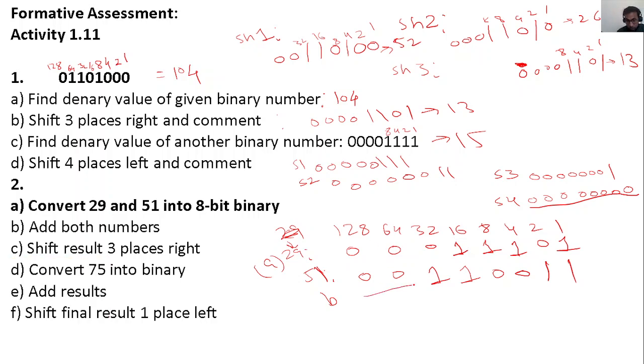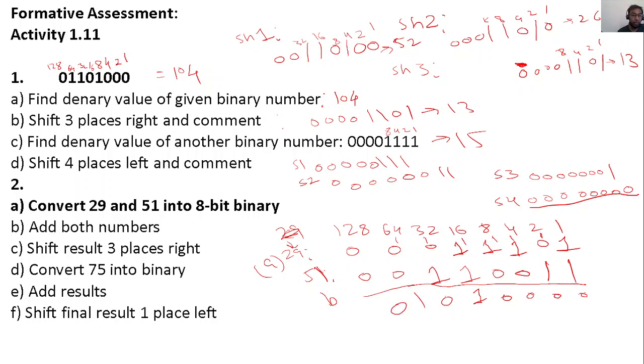Now if we have to add them: 1 plus 1 gives us 0, and carry is 1. 1 plus 0 plus 1 gives us 0, and carry is 1. 1 plus 1 is 0, and carry is again 1. 1 plus 1 is 0, and carry is again 1. 1 plus 1 plus 1 gives us 1, and carry is 1. 1 plus 0 plus 1 gives us 0, and carry is 1. 1 plus 0 plus 0 is 1, and the final digit is 0.